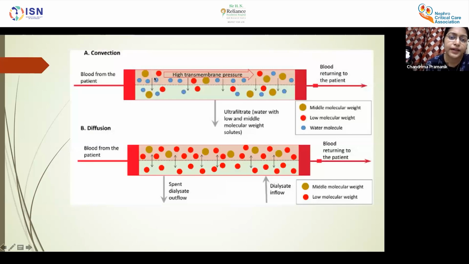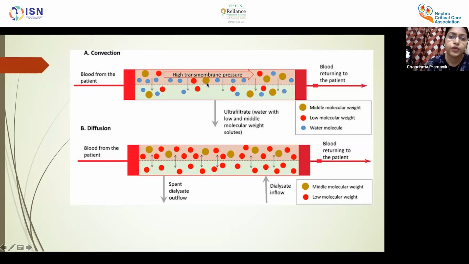This is a diagrammatic representation of diffusion and convection. Here, in the diagram, diffusion is driven by concentration gradient. A concentration gradient is maintained, and because of it, the low molecular weight solutes can go from the blood compartment to the dialysate compartment.